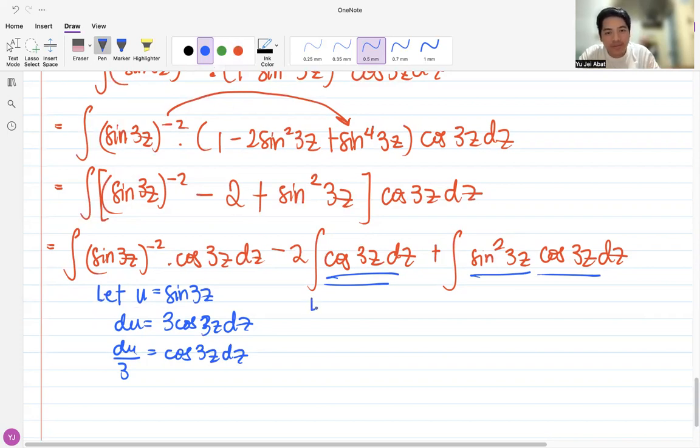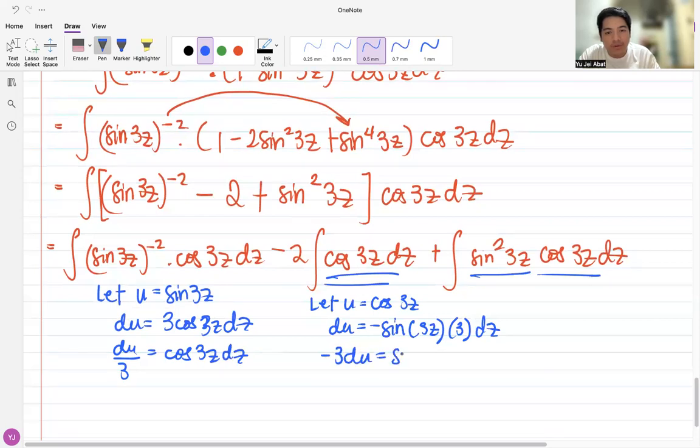Okay. So if we let u as cosine 3j, the du would be negative sine 3j multiplied by 3 dj. So that must be negative 3 du sine 3j dj.